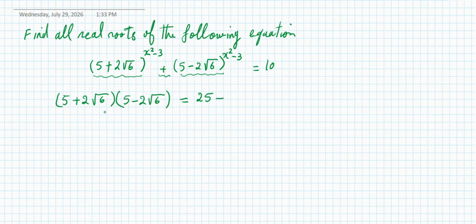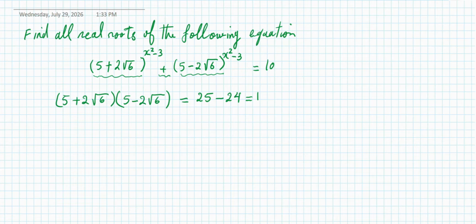And b squared is 2 times 2, 4, times square root of 6 times square root of 6 is 24. And this gives us the value of 1. So the two bases here are reciprocal of each other.